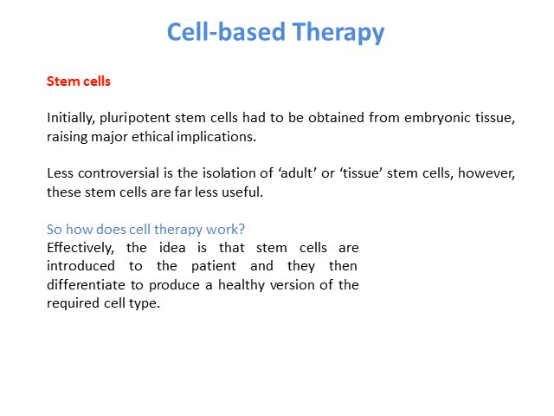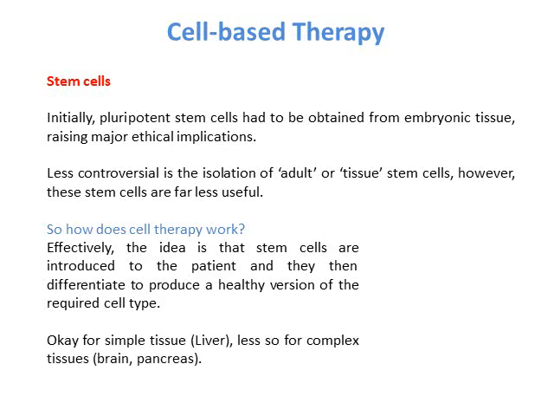And the idea then is that these healthy stem cells will integrate with and replace, if you like, the diseased tissue with a healthy version of the required cell type. In essence, that's a very simple thing. Like I mentioned earlier on, rather than replacing the gene that's defective, we're just replacing the cell type that's defective. So that's one of the ways in which potentially we can use pluripotent stem cells to treat disease.